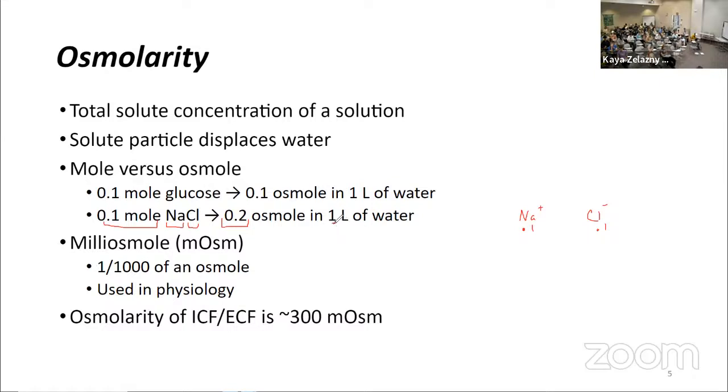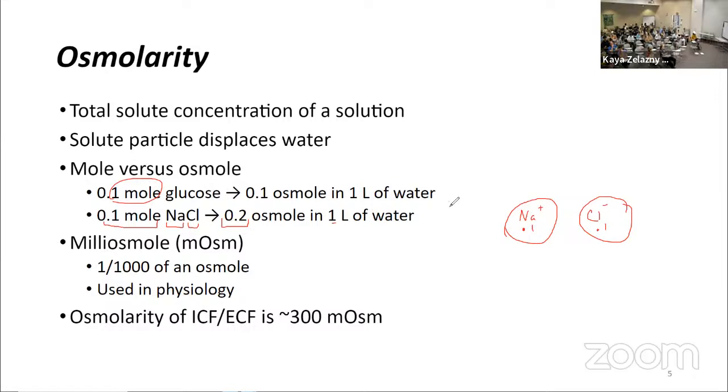So we're adding things. If we then wanted to look at a solution where we have both the glucose and the sodium chloride, we'd keep adding, right? So if we wanted to know the osmolarity of a solution with 0.1 moles of glucose, but also 0.1 moles of sodium chloride, we'd add that 0.1 mole of glucose, 0.1 mole sodium, 0.1 mole of chloride, and we get 0.3 osmoles total from those 3 things.